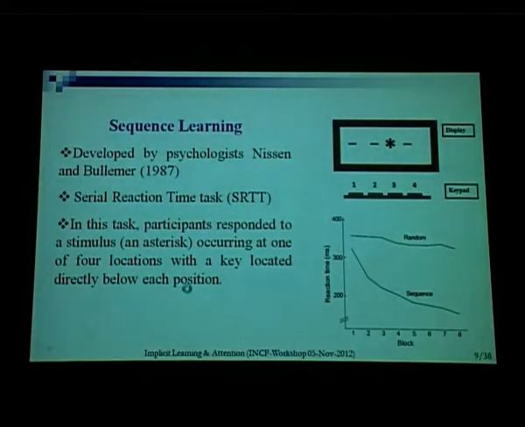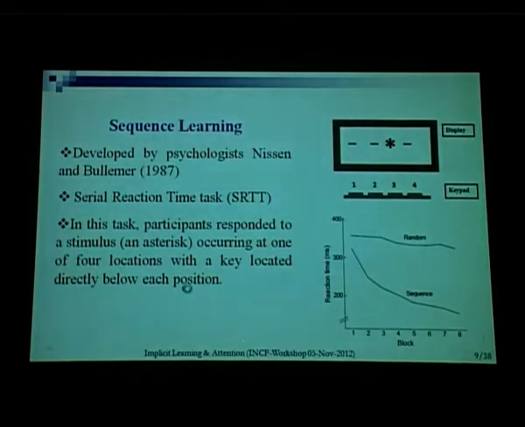The other very popular paradigm which studies sequence learning was introduced by Nissen and Bullemer back in the late 1980s. This is popularly known as the serial reaction time task. Let us see what happens in this. Participants respond to a display on which the stimulus appears.